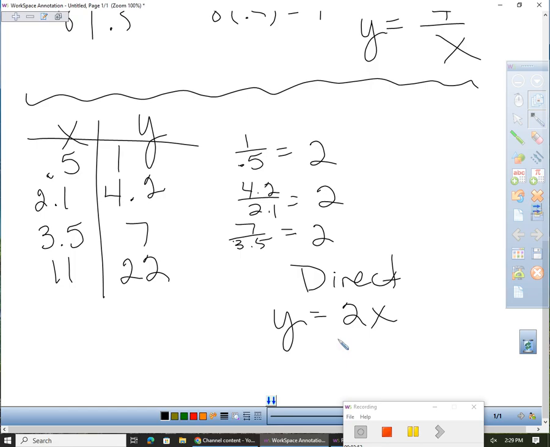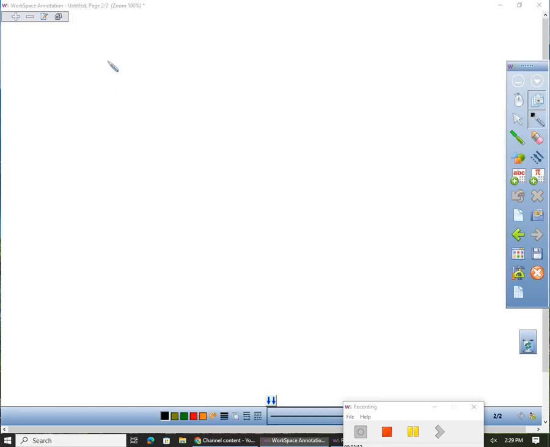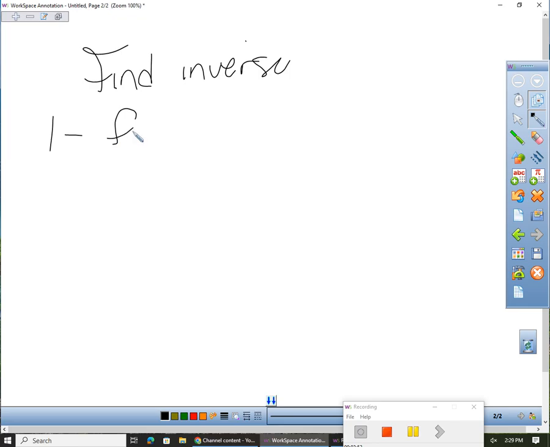Last thing we need to talk about is finding an inverse. All right. To find the inverse, we use 3 simple steps. Step number 1, find k. And remember, when we're doing an inverse, k is equal to x times y.